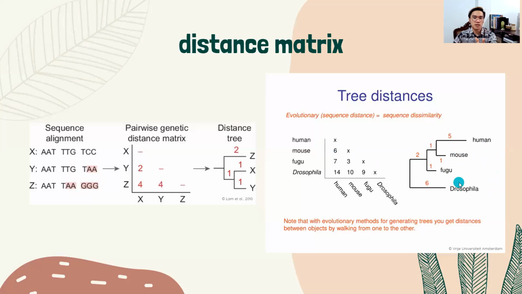As you can see here, the only way human can be inserted in the phylogenetic tree while preserving the already established genetic distances between mouse x fugu, mouse x Drosophila, and fugu x Drosophila, is to put it closest to mouse compared to fugu and Drosophila.